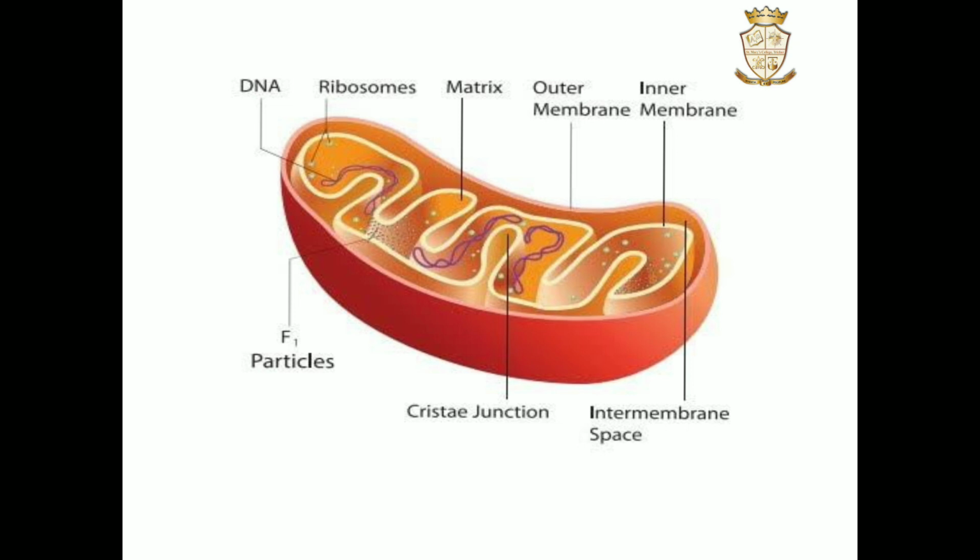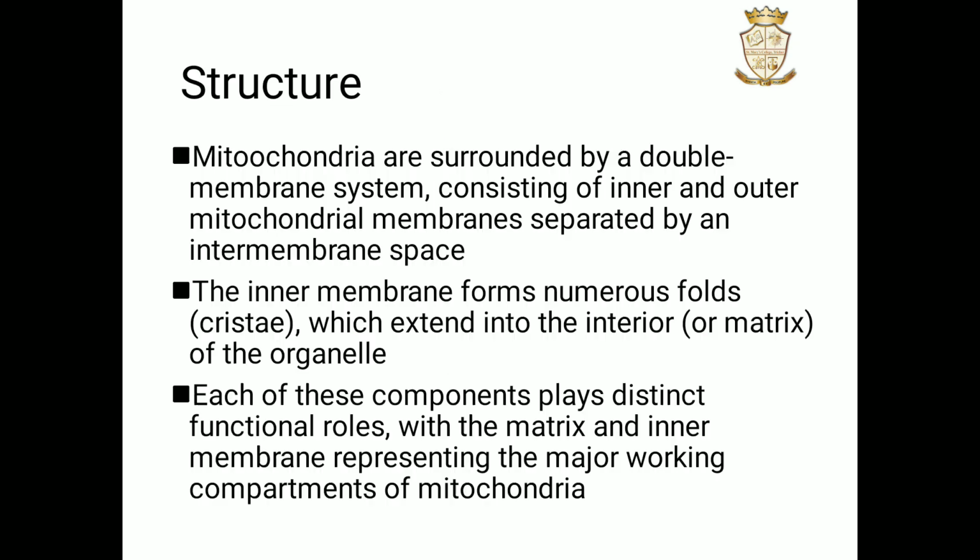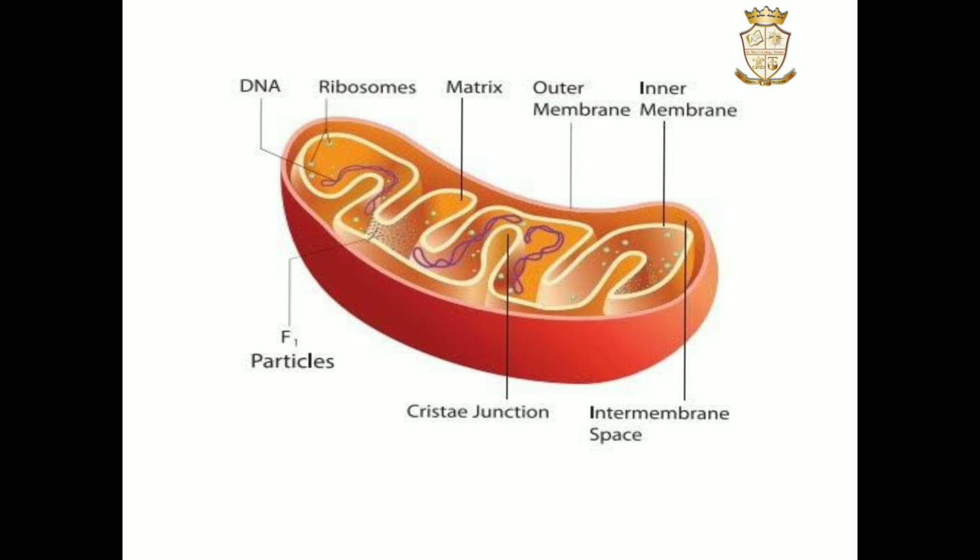And the matrix is the portion enclosed by the inner membrane, and it represents the major working compartment of the mitochondria for functional activities. So here you can see the matrix and the cristae, the two membranes and the intermembrane space.